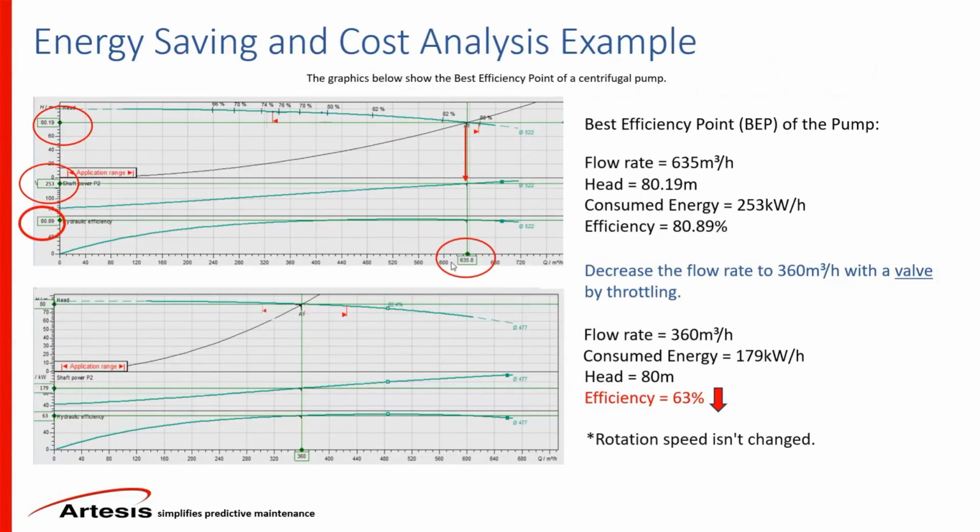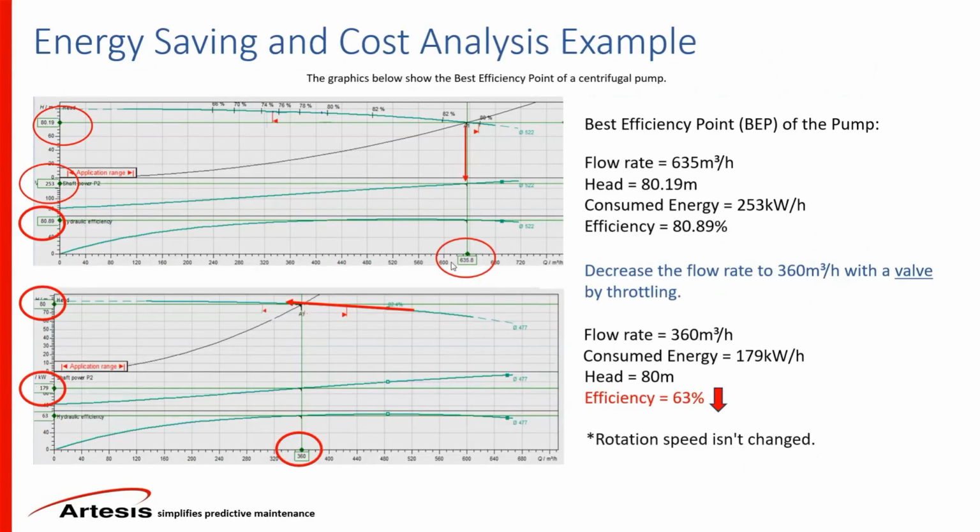And now we decrease the flow rate by using a valve and doing throttling here. So let's see, if we reduce the flow rate from 635 to 360 cubic meters per hour, the energy consumption will also reduce from 252 to 179 kilowatts.